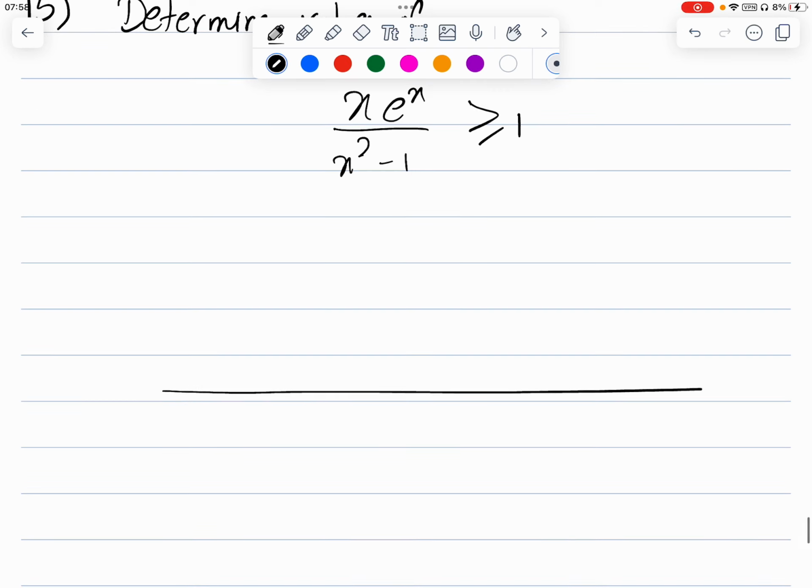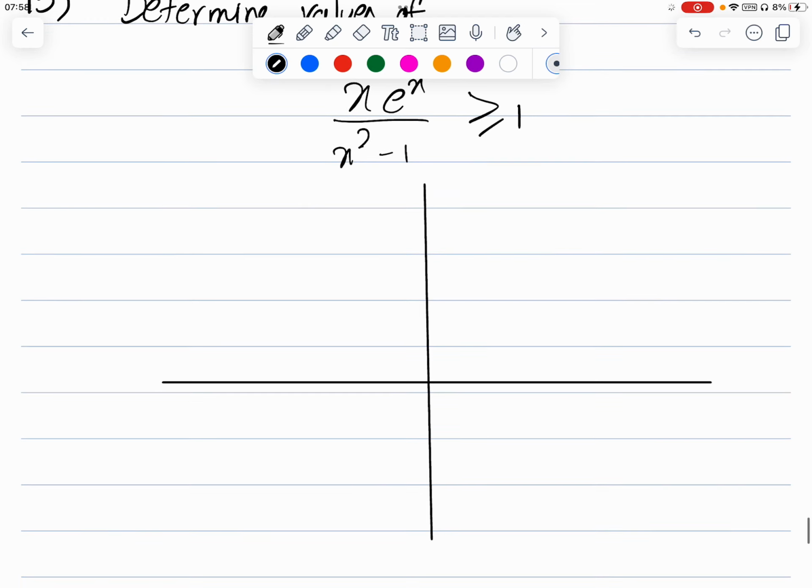So I'm going to use the graphing calculator and approximately get the shape. It may be in this way. I'm just approximately drawing the graph. This should be the shape of the graph, and x equals 1 is a straight line.